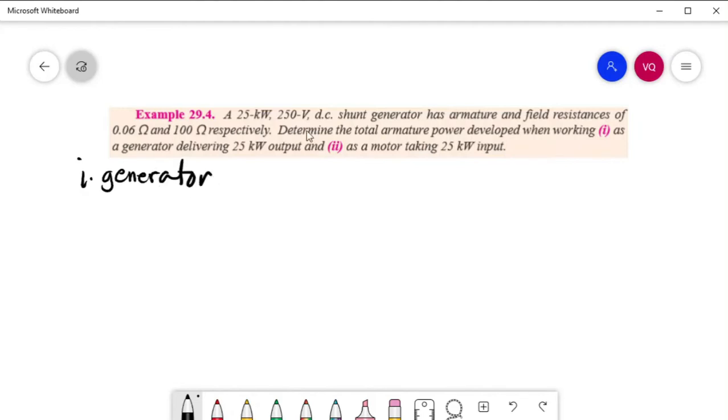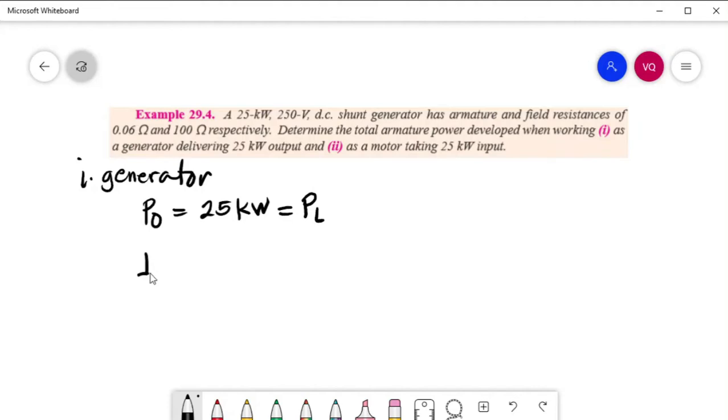This is a shunt generator. Our output power here is 25 kilowatts, the power at the load.